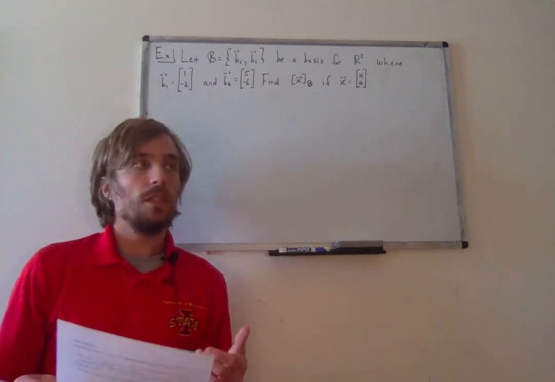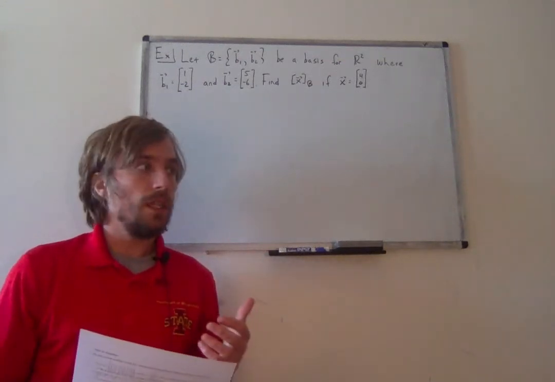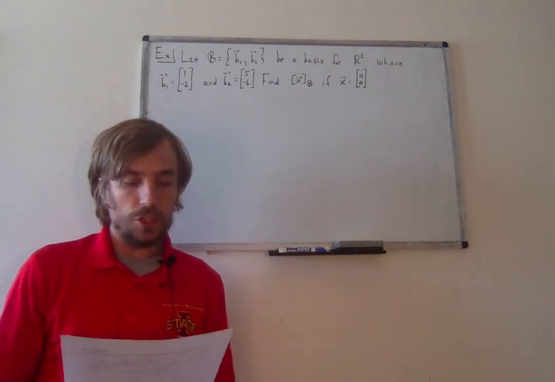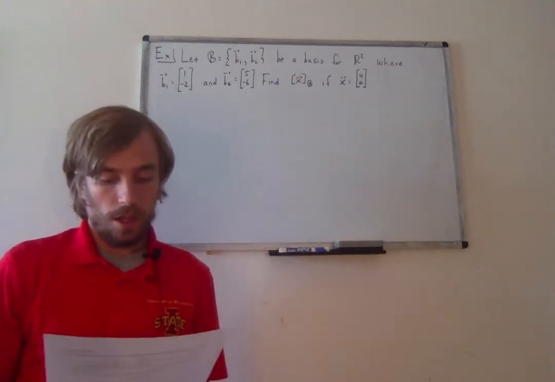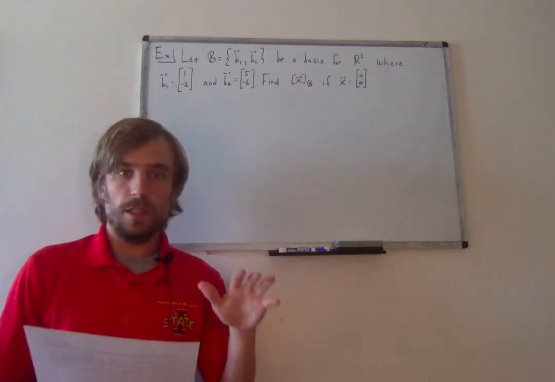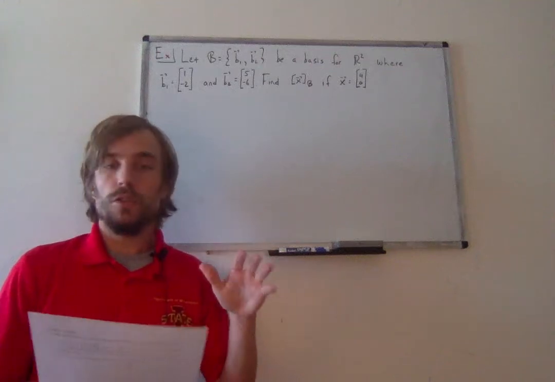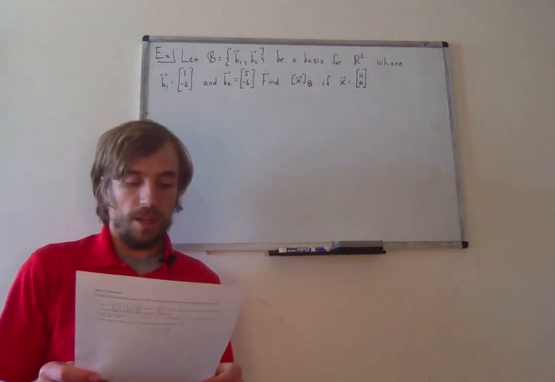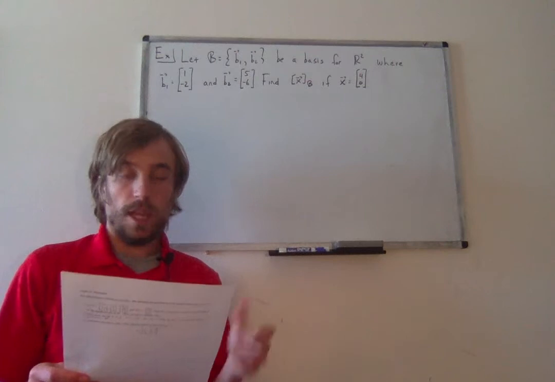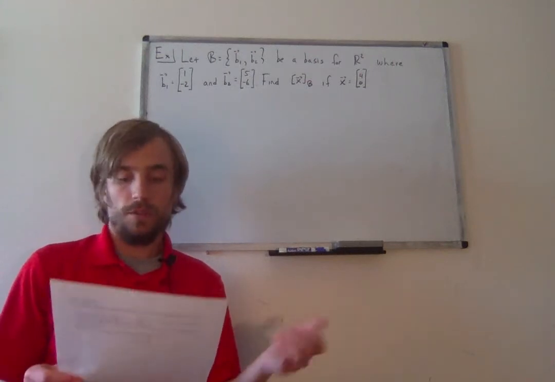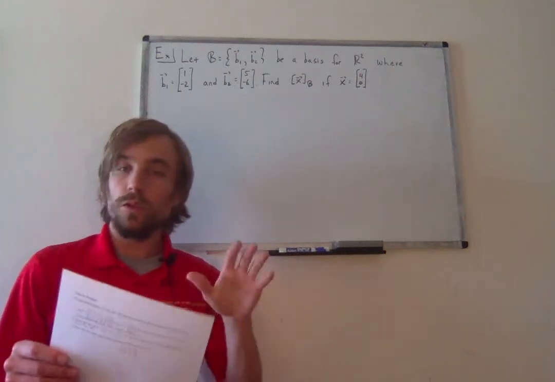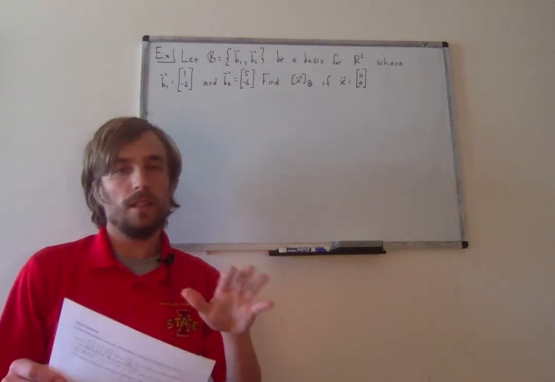This defines a nice matrix that we can study called the change of coordinates matrix. And then we will end by proving the central theorem of this section, that any vector space V that has a basis of size n and Rn, when we look at them as vector spaces, are the same.